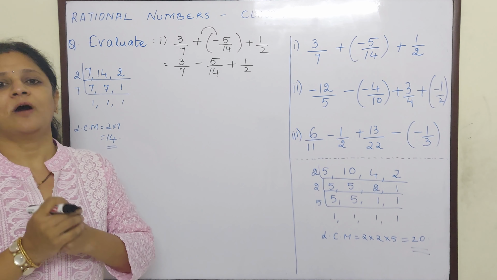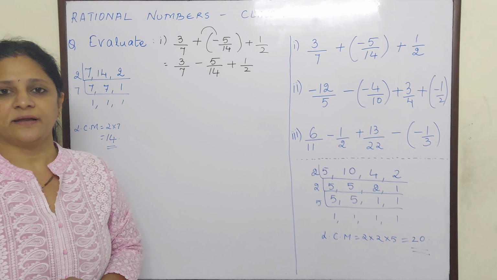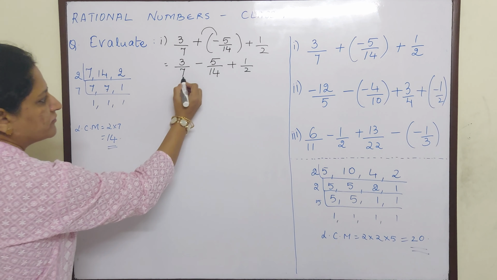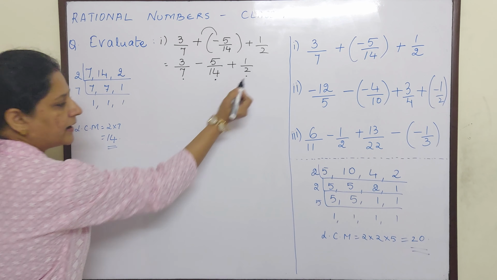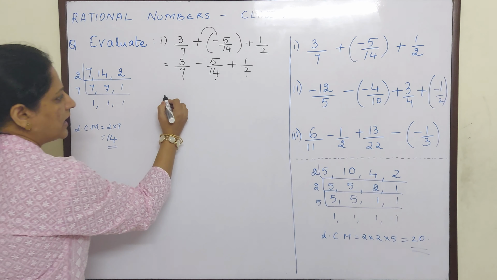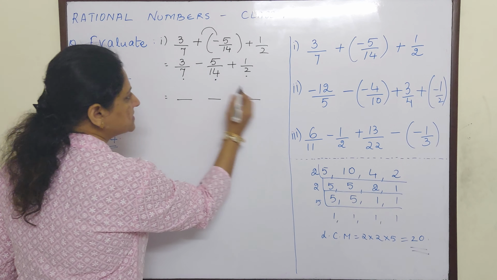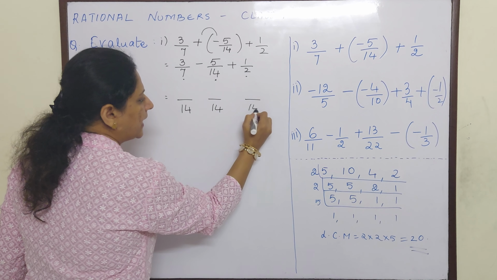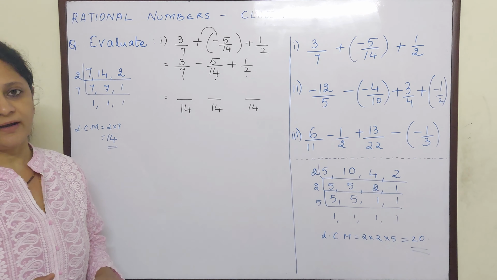Second step, check whether the denominators are equal. They are not equal, so find the LCM of 7, 14 and 2. The LCM is 14. So I will change all these rational numbers to denominator 14 and turn them into equivalent fractions.